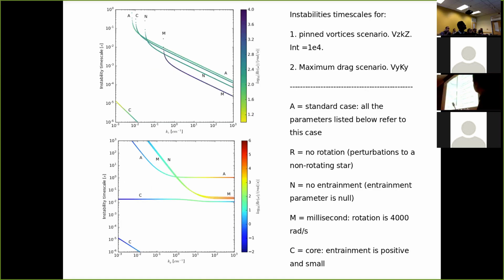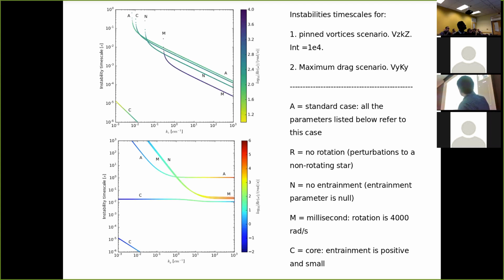The next step, since we have a lot of different parameters, we did some numerical calculations, and these are two examples of these numerical calculations. On this figure, the pinned vortex scenario is shown, when the velocity is aligned with that axis, and we consider the wave vector parallel to that axis as well.